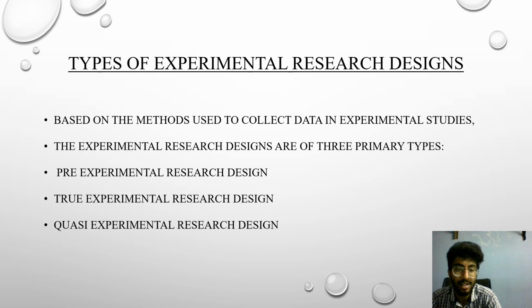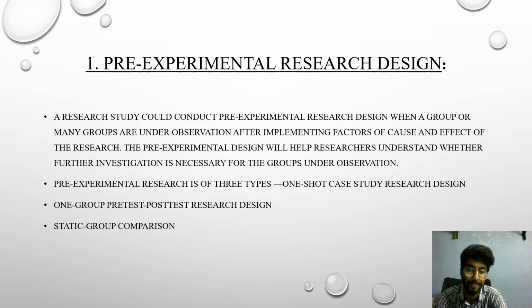Types of experimental research design based on the methods used to collect the data in experimental studies. The experimental research designs are of three primary types: pre-experimental research design, true experimental research design, and quasi-experimental research design. Pre-experimental research design.